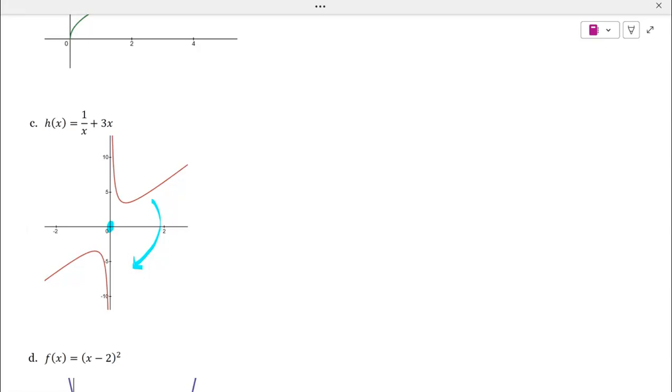Let's plug in -x to see. To get an odd function, it should be that what I'm getting is a negative in front of the entire thing. So what I've done is rewritten what I had there.